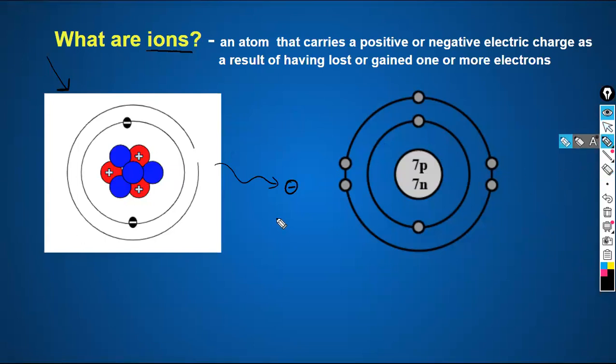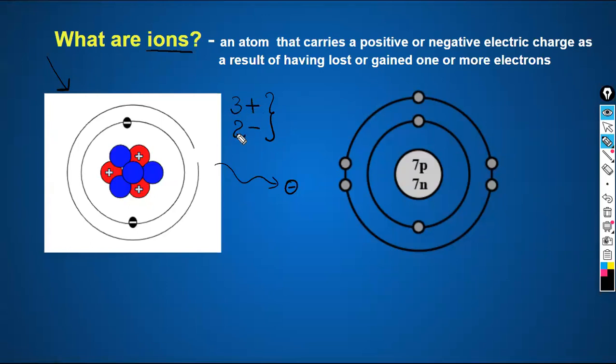The answer is no, because let me explain why. It still has 3 positive, 3 protons, but it only has 2 electrons. Who will win this fight? Will the positive win the fight, or will the negative win the fight? Well, the one with more will win the fight.